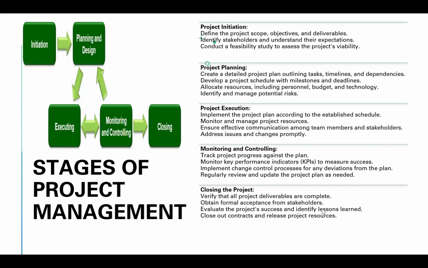If you can see from the arrows here, as soon as we finish the planning and design and we go to executing of the project, we execute, we monitor, we control, we go back to plan, execute, monitor, and control. This cycle continues as we control the project, as we monitor the project, as we work the project till the project is closed.